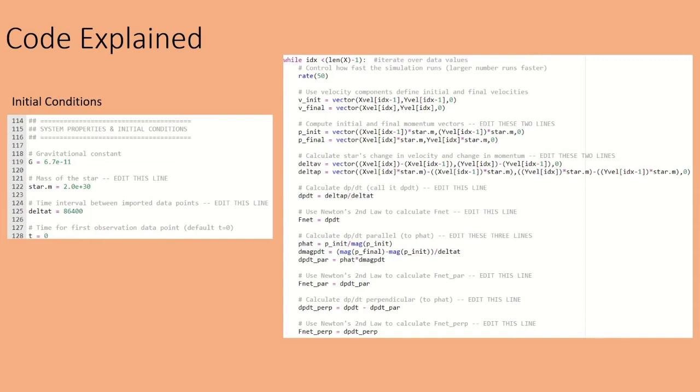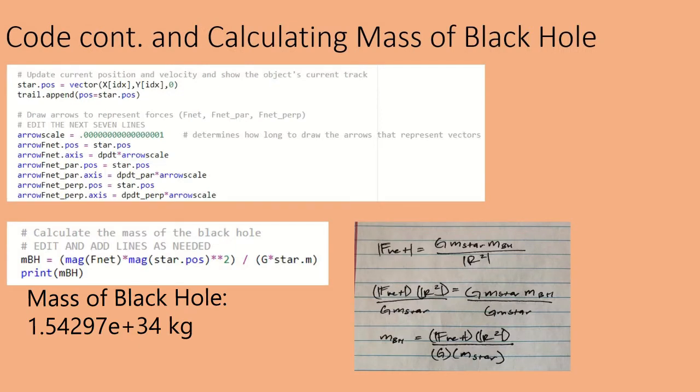And as you can see, we can then calculate p hat in order to calculate the parallel momentum as well as the perpendicular momentum. The net force overall will be the sum of both of these. That past code was all for finding the net force.